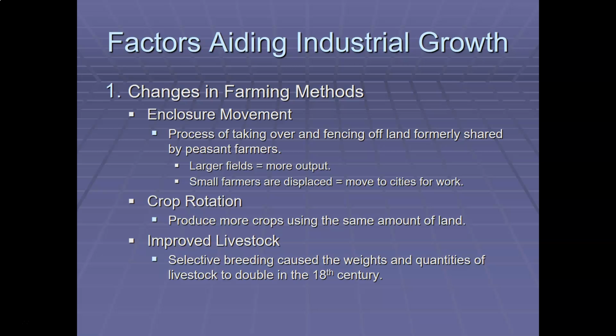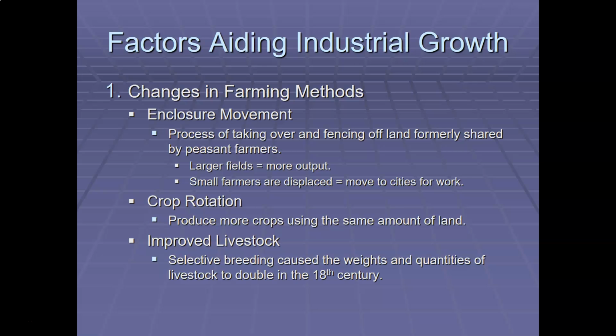But the problem with that is it ends up hurting small farmers, who in turn become displaced and have to go somewhere to survive, and they end up moving to the cities. And you start to see a movement of at least the small farmers to the cities.